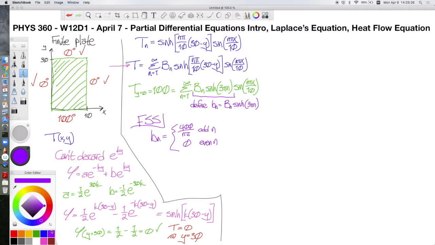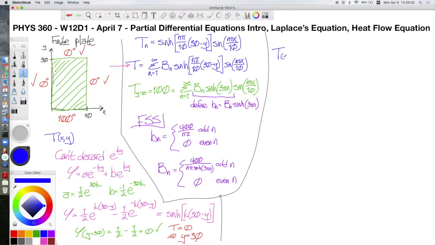So this means that our values for capital Bn are, for odd values of n, 400 over n pi, but also over the sinh of 3 pi n. And we will still have a value of 0 for even n. So this now allows us to actually write the form of our solution.